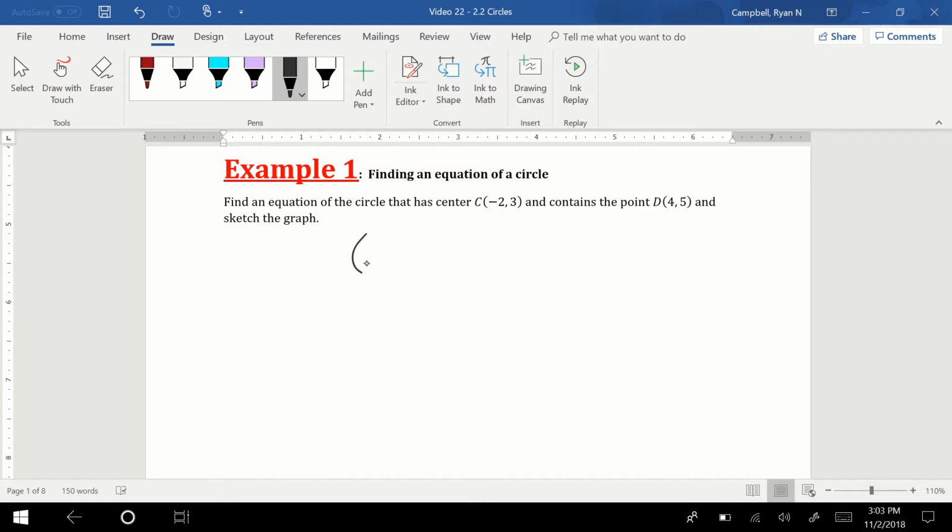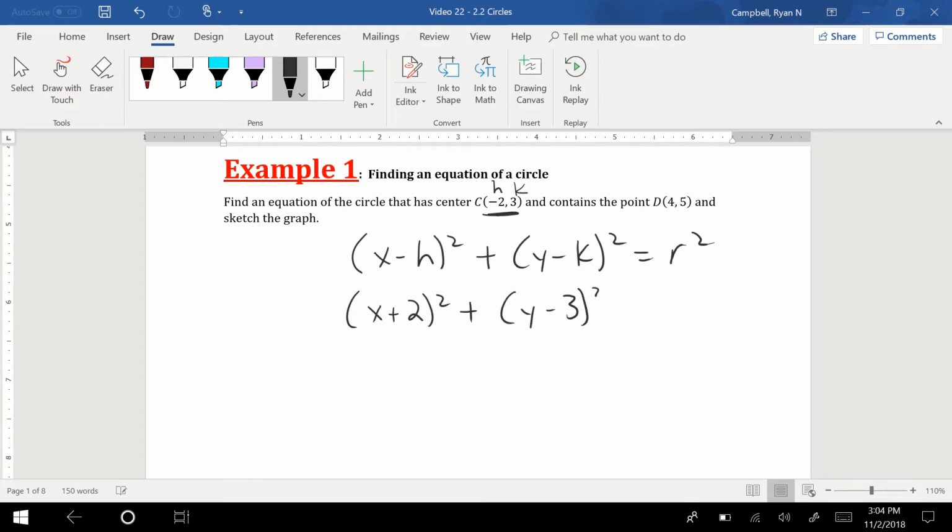This time the center is at (-2, 3), so -2 is going to be our h and 3 is going to be our k. We can just substitute that in: (x plus 2) squared plus (y minus 3) squared equals r squared.